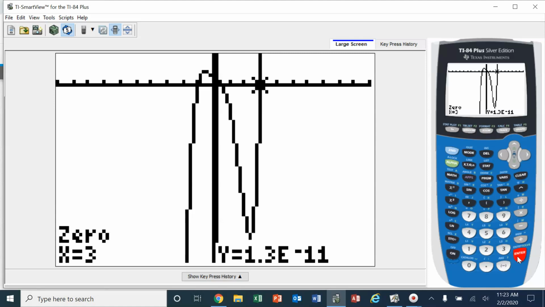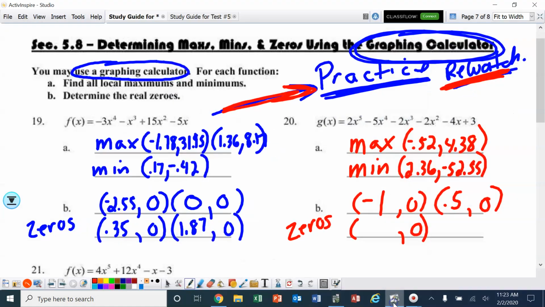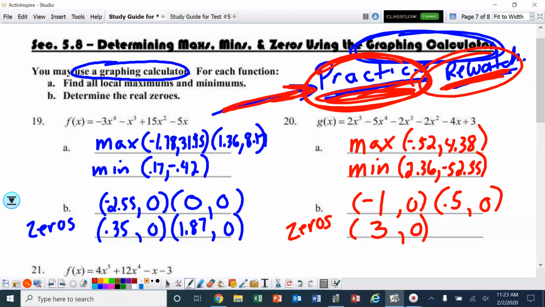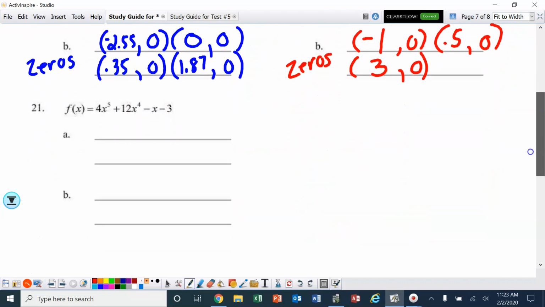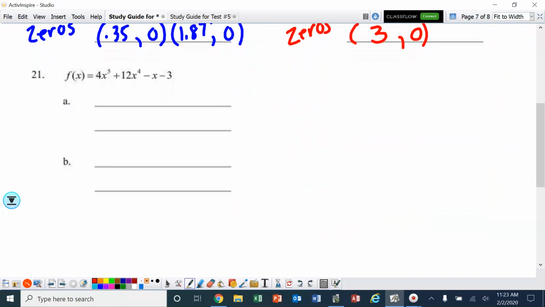And there we go. Oh, 3. All right. Again, I can't emphasize enough, you're going to need to practice, rewatch if you need to. One more of these. All right, let me get that one typed in.